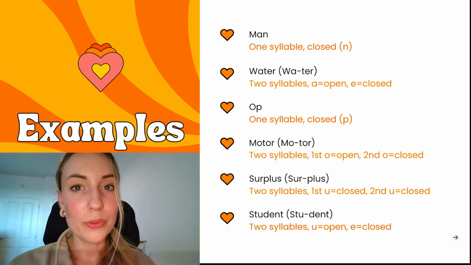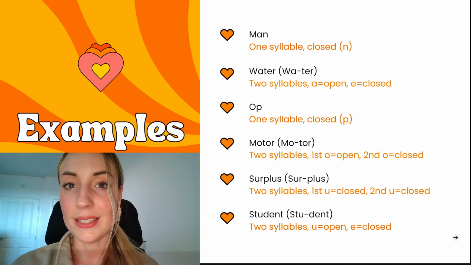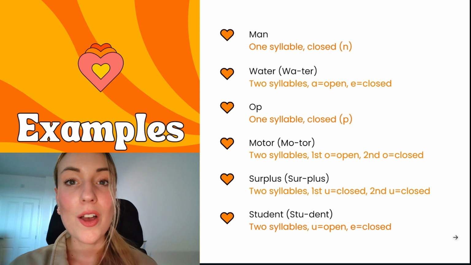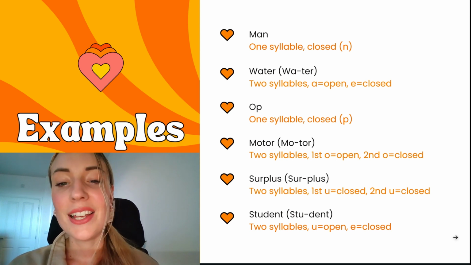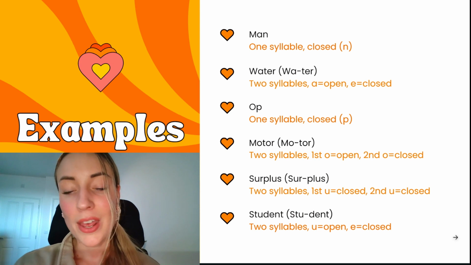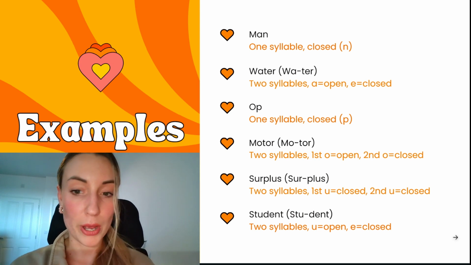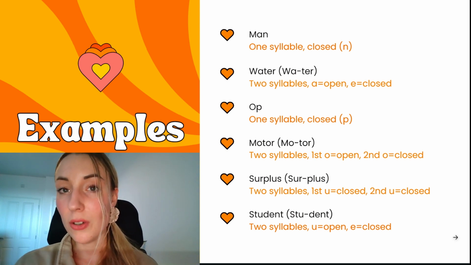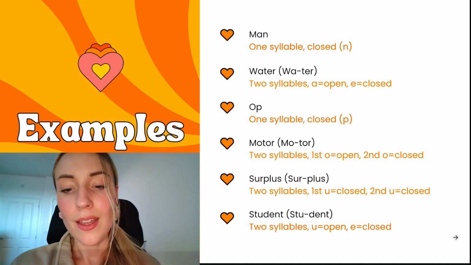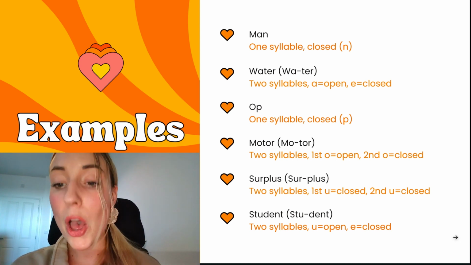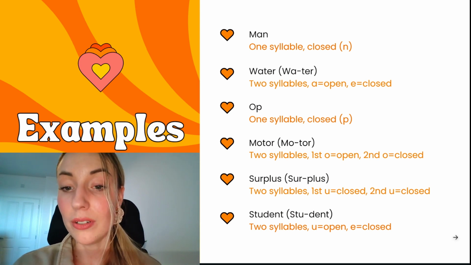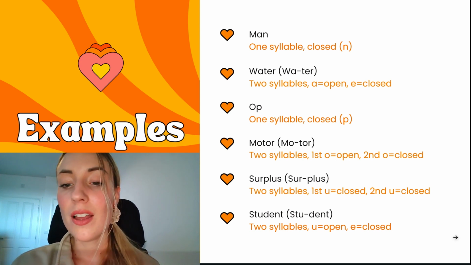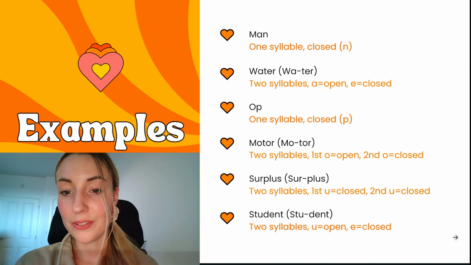Then we have op, which we learned in our previous video, which means up or on top of. Op. One syllable, closed with a consonant, short sound, op. Whereas motor, as you can see, I broke it up for you again. Mo, ter. 2 syllables. The first O is open because it ends on a vowel, mo. The second is closed because it ends in a consonant, ter.